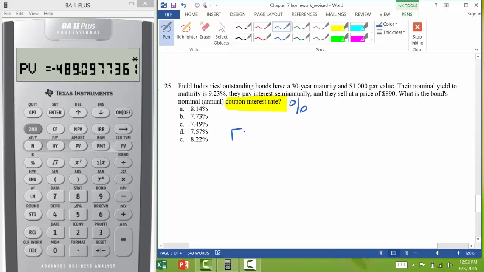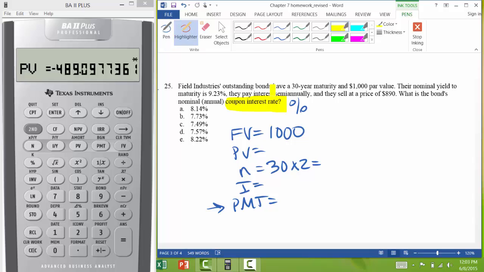Okay, so let's put down this type of information. We're going to use the payment to find the answer. So it's a $1,000 par value bond. It has 30 years to maturity, but this is semi-annual. So let me highlight that semi-annual part. So 30 times 2 is 60. The nominal yield to maturity is 9.23, and we're going to have to divide that by 2.